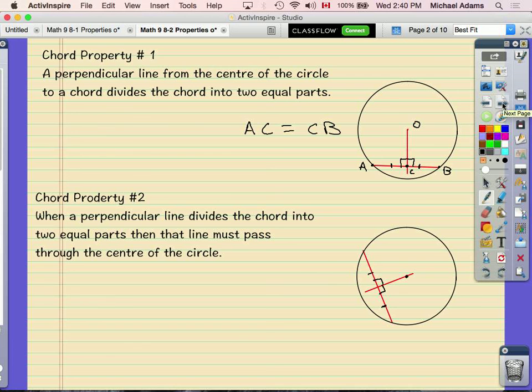Now, review again that the line from the center of the circle, when it goes through the midpoint of the chord, divides the chord into 2 equal parts. And the other property says that if that line goes through the chord and it's perpendicular, then that line must go through the center.